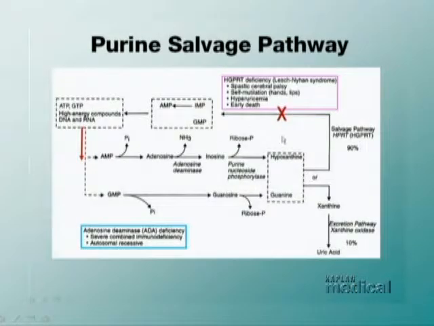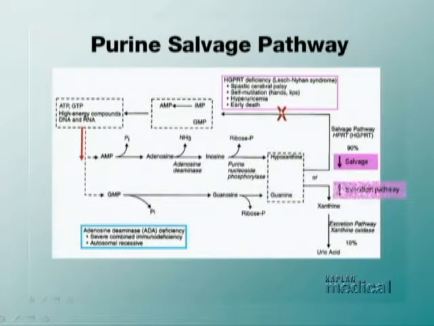Okay, why is this a problem? Well, think about it. If there's a block in the recycling of hypoxanthine and guanine, the only other place that these molecules can go is to be converted to xanthine and then finally to uric acid. Now, typically, 90% of these nucleotides are recycled, and only about 10% are going to be excreted.